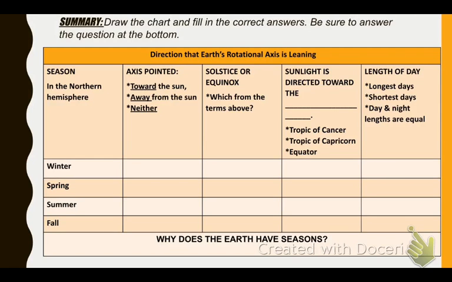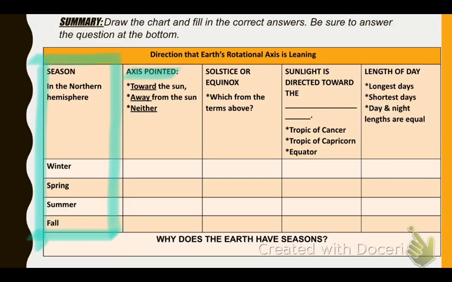Alright, so for your summary, you're going to draw the chart and fill in the correct answers. So you have your seasons. You're going to tell me the axis, how it's pointed. So in the winter is the axis pointing towards, away, or neither.